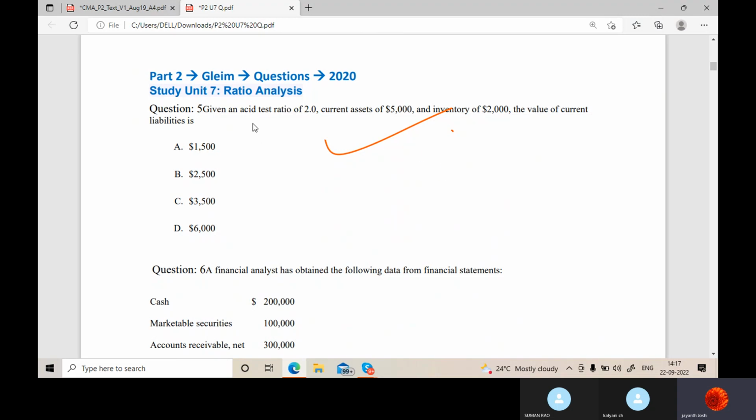So they have given you acid test ratio. Quick assets by current liabilities is 2. Quick ratio is given. Okay. And they're asking you current liabilities. So you remember, if I have quick assets, I can easily find current liabilities. How can I get quick assets? Current assets minus inventory is what? Quick assets. Correct or wrong? Yes, sir.